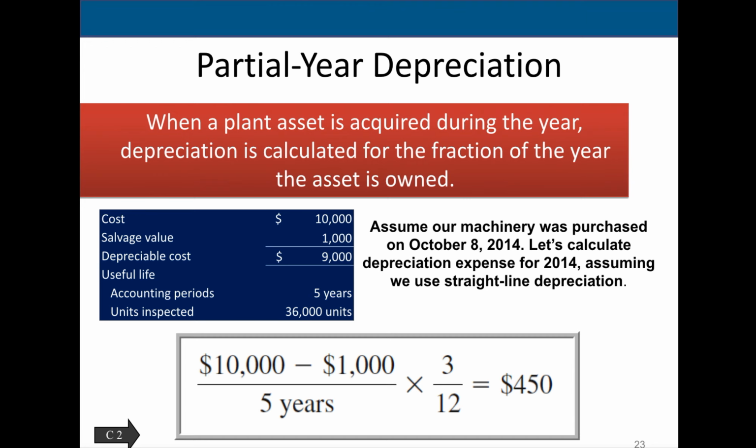That means that I will only have that asset for 1 quarter of the year, which means for that first year, I use whichever calculation I want to get my yearly depreciation, but then I take my yearly depreciation and only recognize 1/4 of that if I bought the asset with only 1/4 of the year remaining.